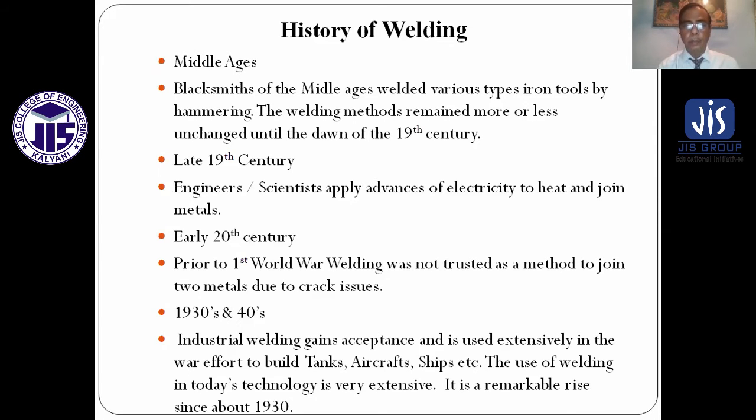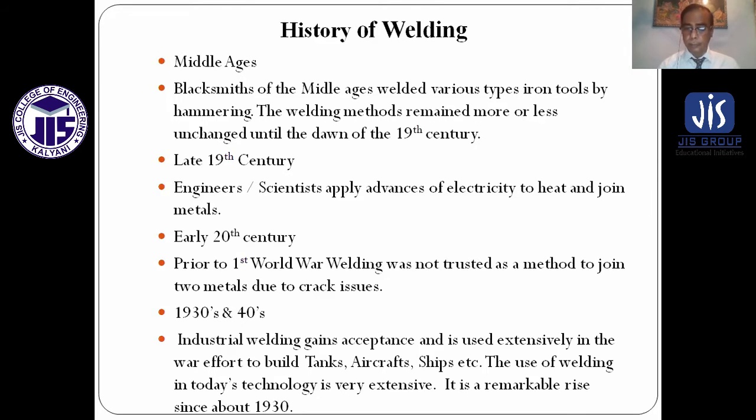In the early 20th century, prior to the First World War, welding was not trusted as a method to join two metals due to crack issues. In the 1930s and 40s, industrial welding gained acceptance and was used extensively in the war effort to build tanks, aircraft, ships, etc. The use of welding in today's technology is very extensive. It is a remarkable rise since 1930.